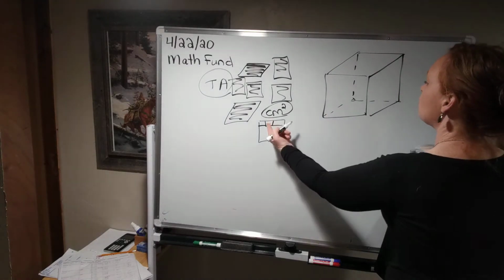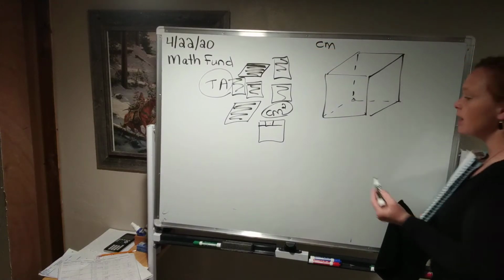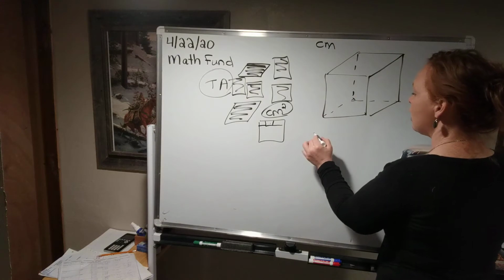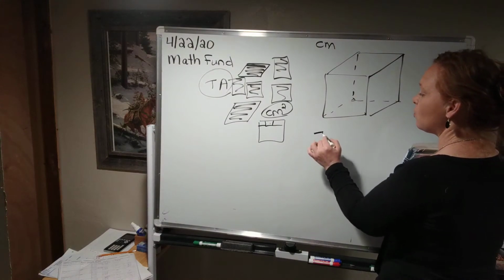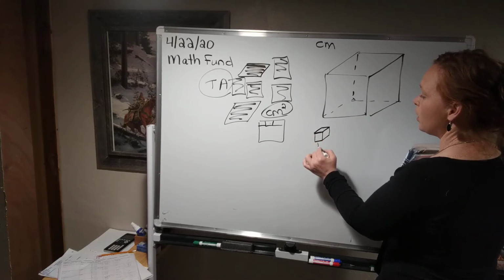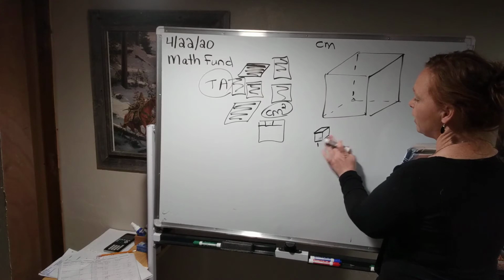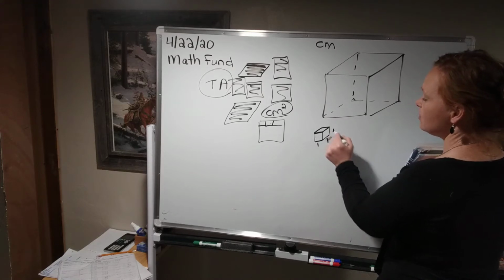But what we want to do is we want to take our 1 by 1, so let's measure in centimeters right now. I want to take a 1 centimeter by 1 centimeter cube. So it's 1 centimeter across, it's 1 centimeter in width, and it's 1 centimeter in height.